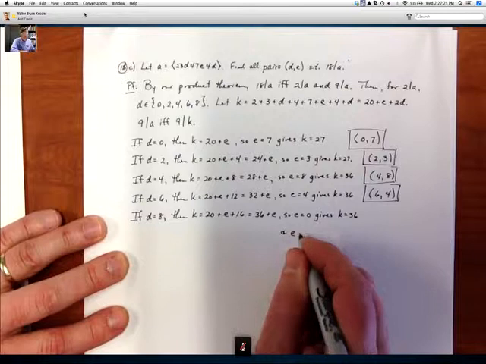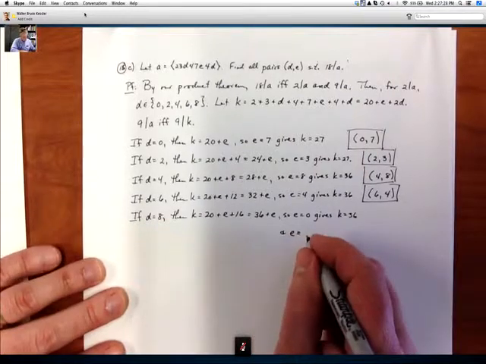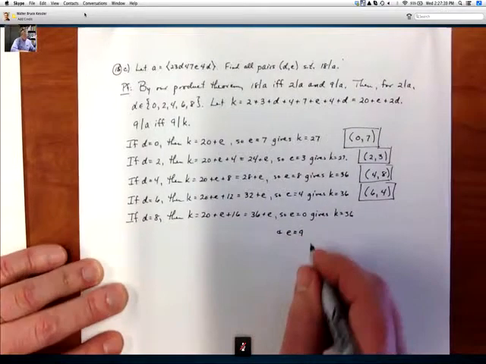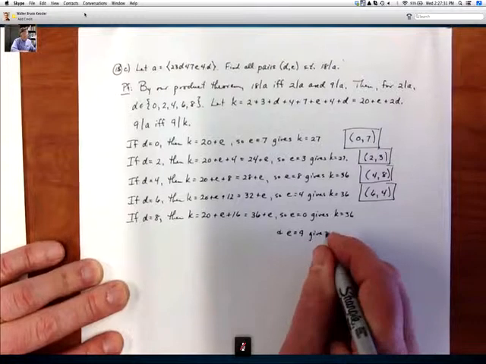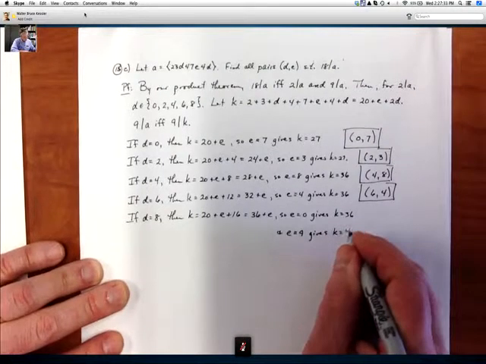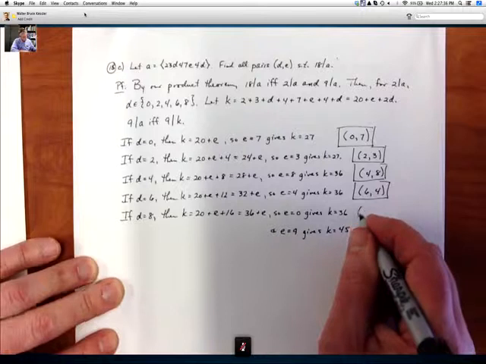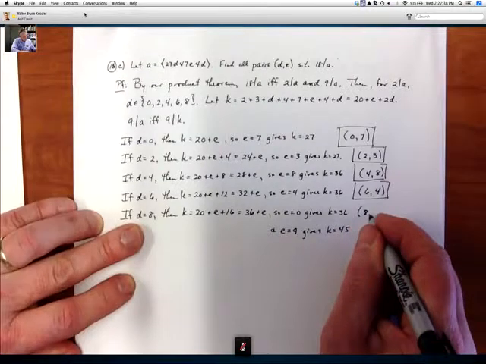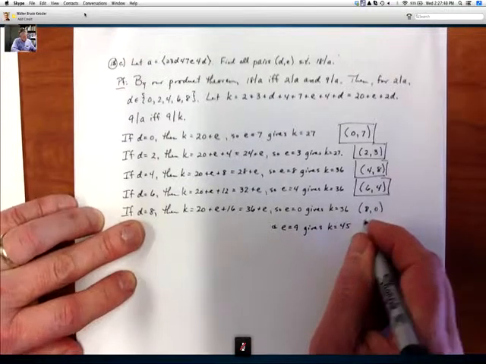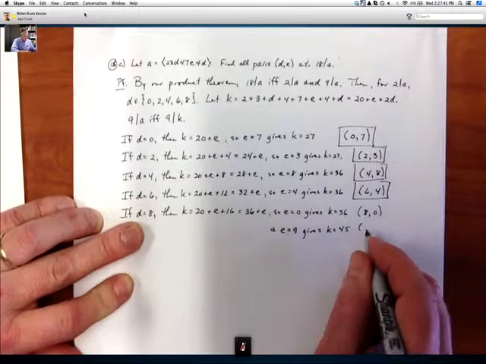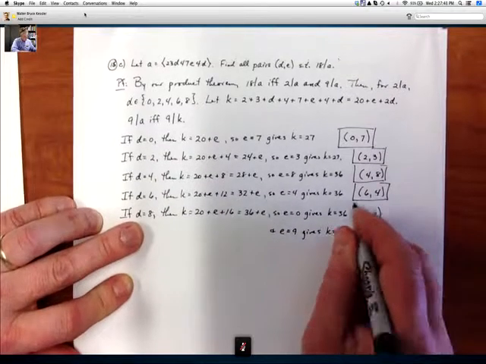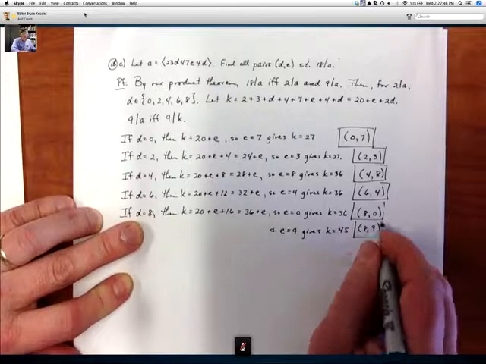Or it can be 9, and E equals 9 gives K equal to 45. So I've actually got 2 points with D equal 8. I've got 8, 0, and 8, 9.